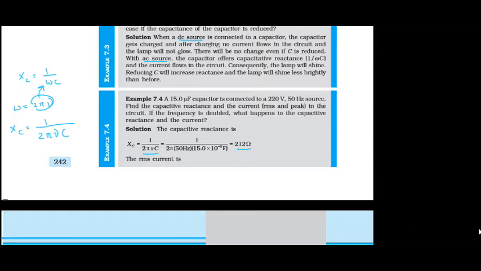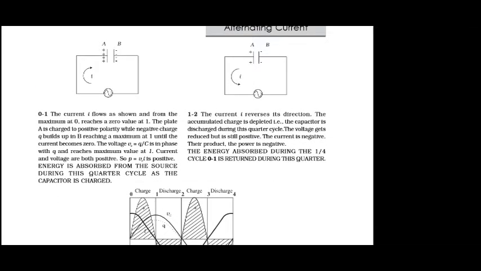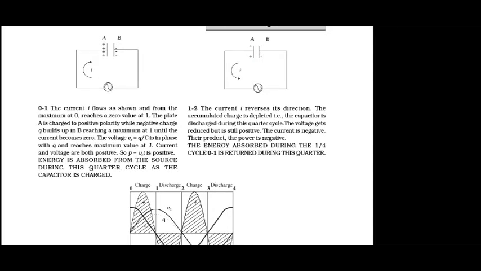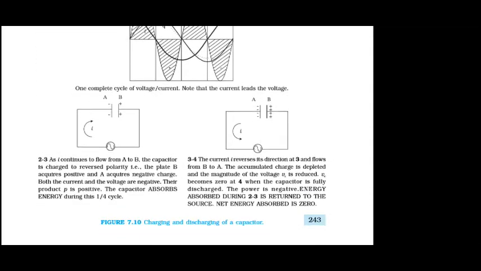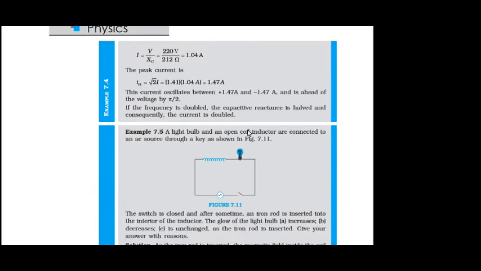The RMS current is I is equal to V upon Xc. So put the value of V and Xc. Xc we have found out in the first part.